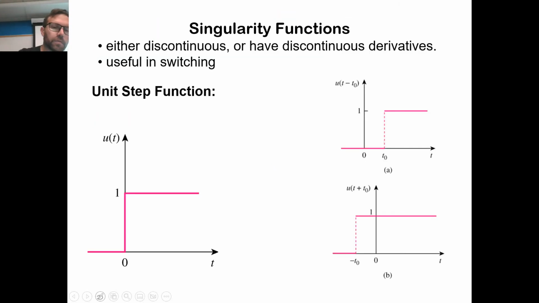So we want to find tau, and this is for t greater than 0. We've got our 10 volt source here now. The switch has been closed, so that 10 volt source and the 2 ohm resistor are just off on their own.